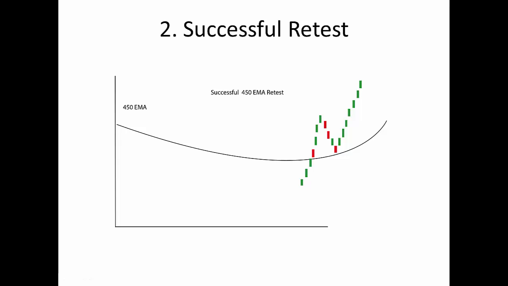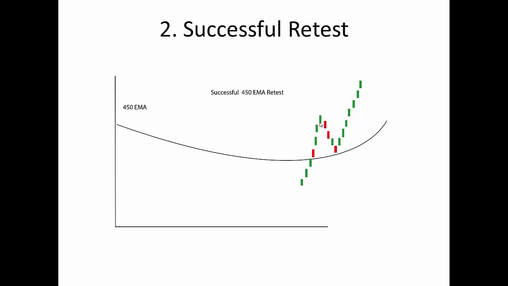The second possible situation is a retest. What a retest is: during the moving average retest event, prices barely cross the moving average. I'm referring to this short cross move, okay?